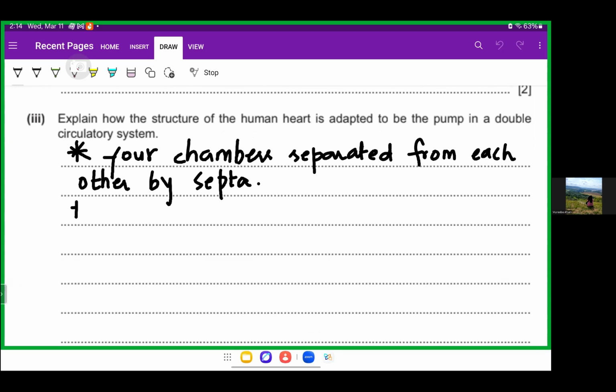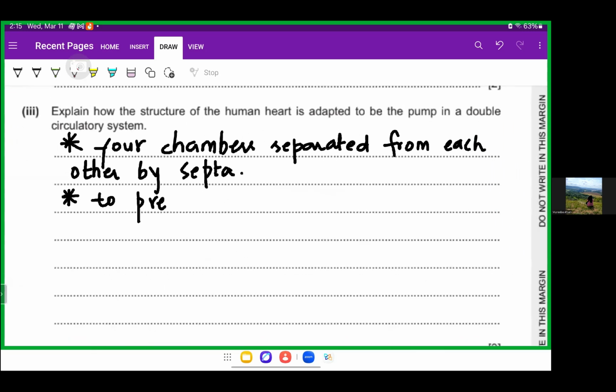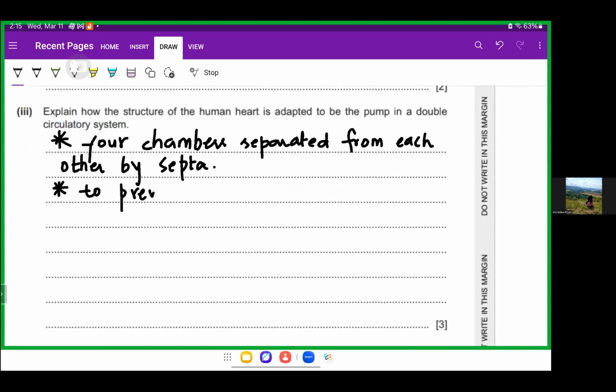And why is it important? To make sure, or we can write to prevent, mixing of oxygenated and deoxygenated blood.